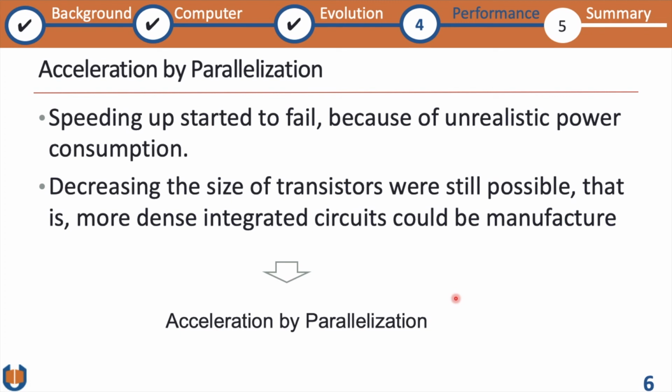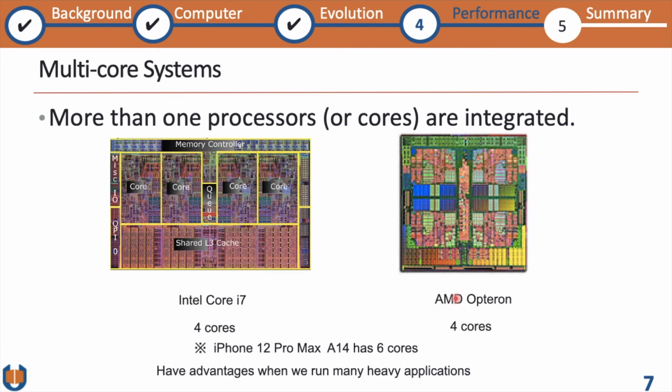The way we made devices faster earlier, by making the transistor size smaller, is no more realistic in the future, or now. As I said, Moore's law failed in 2010, and the Dennard scaling theory also failed in 2004. So now the focus is on parallelization. We need acceleration by parallelization.